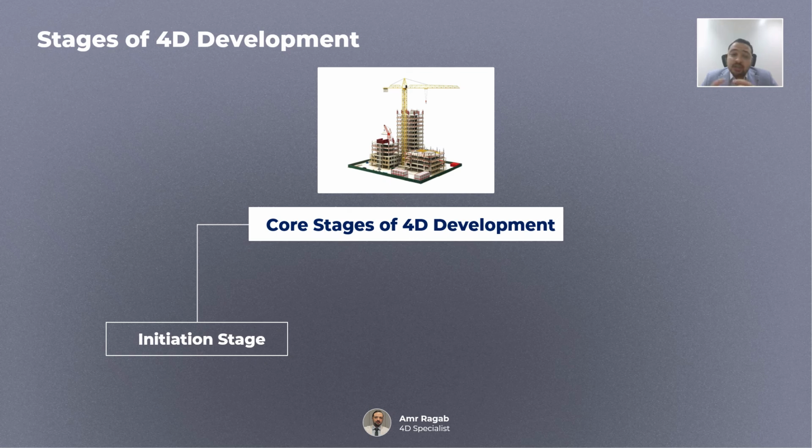A design model is not divided into zones. If you have one slab and you need to assign it to four tasks, you need to divide this slab into four parts. Who will do that? The BIM team will divide this slab into four parts to assign each part to its own task.